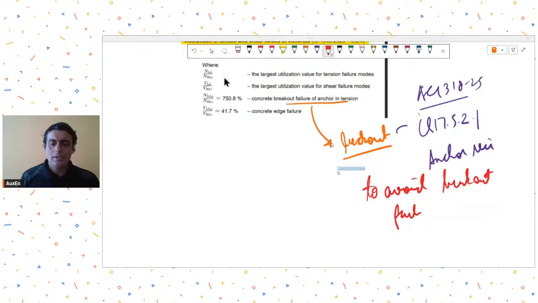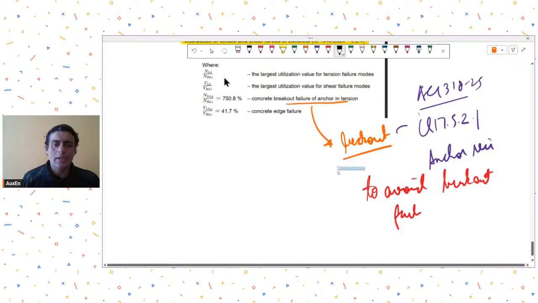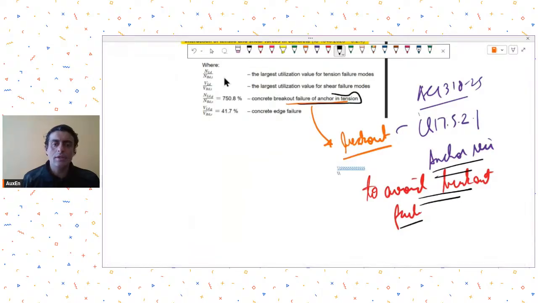Are you able to understand what I'm saying? So your code gives you this option that if you are providing breakout anchor reinforcement, you need not check the concrete strength in breakout tension or breakout shear. These two effects are usually the most critical effects due to which your pedestal or your anchors show failure. That can be avoided by providing this reinforcement.